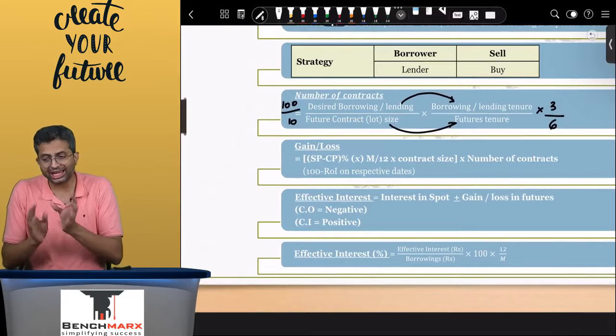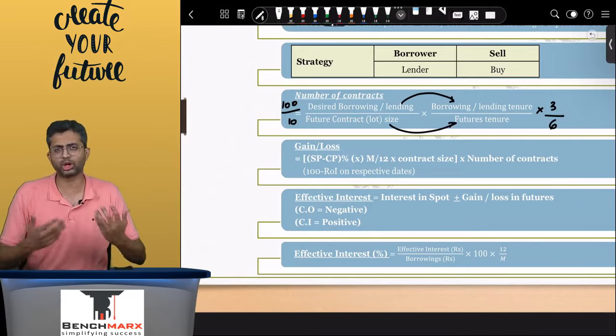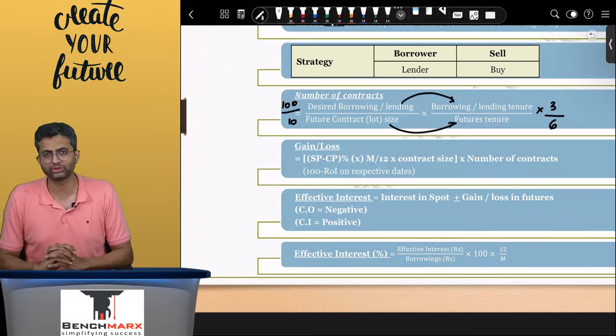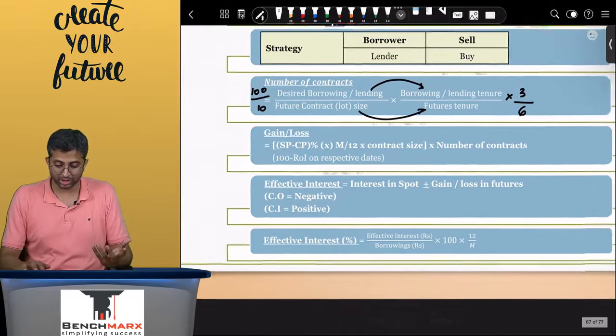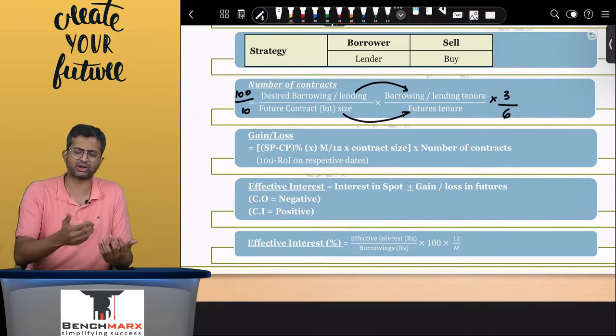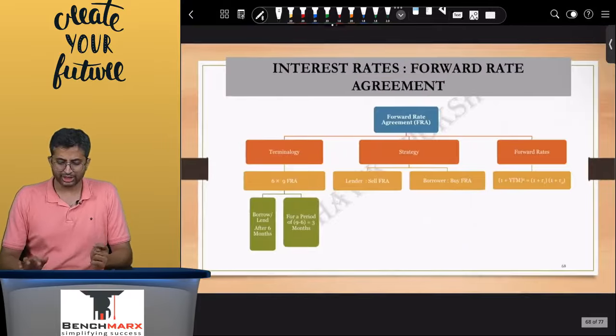In which case you will get the gain or loss on futures, plus or minus the cash inflow or outflow on account of interest, which will give you the total effective interest cost. You can also calculate this effective cost in percentage terms if you want to. So you can take the effective interest in rupees divided by the amount of borrowings, and that will give you the effective interest. You do 12 by M, so that is percentage per annum. So this is on interest rate futures.